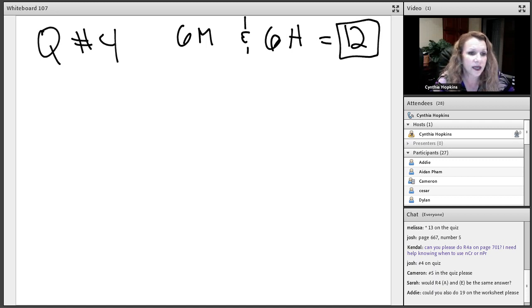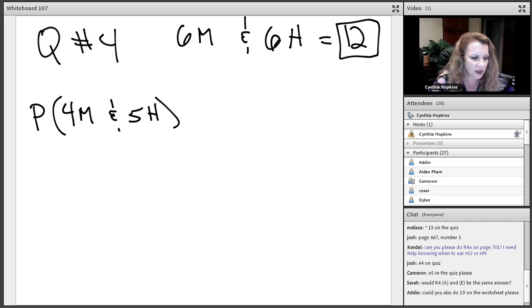This is again one of those that I think if you didn't write this notation, you probably only were thinking about the 4 math teachers. They said 4 math teachers, but at the very beginning of this sentence, it says if a group of 9 is picked at random. So yeah, I want 4 math teachers, but that means and 5 history teachers for a total of 9 that we're selecting. And remember how at the beginning I was saying try to categorize your types of problems.